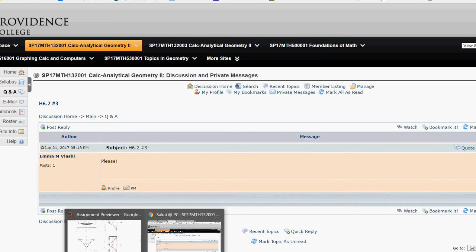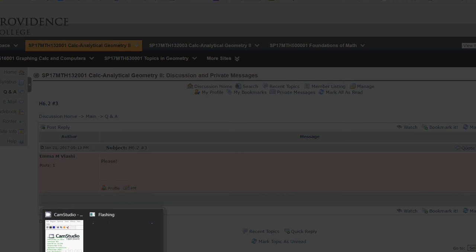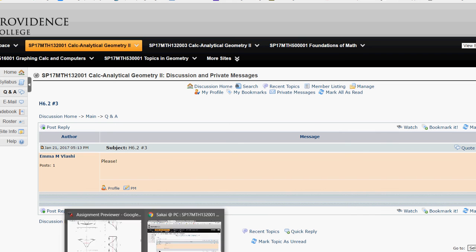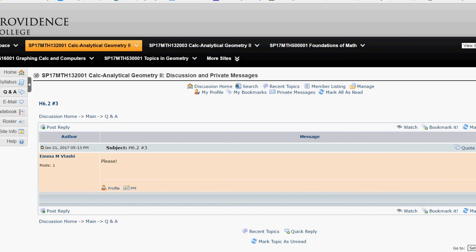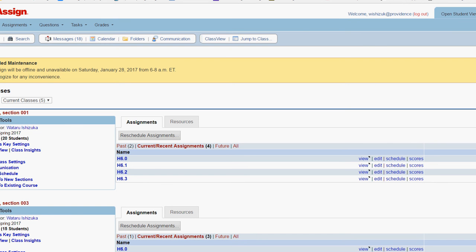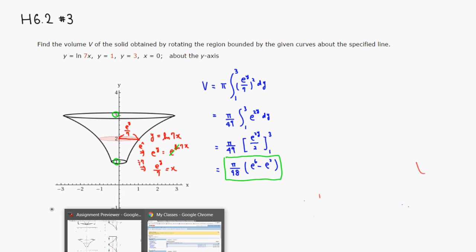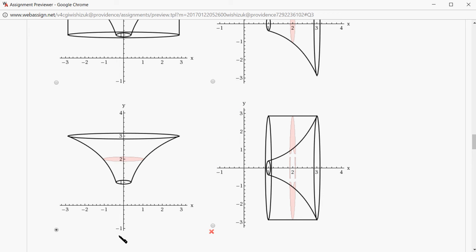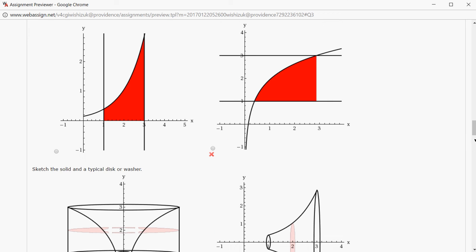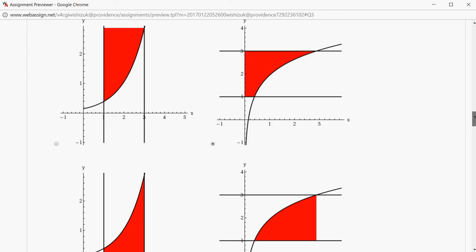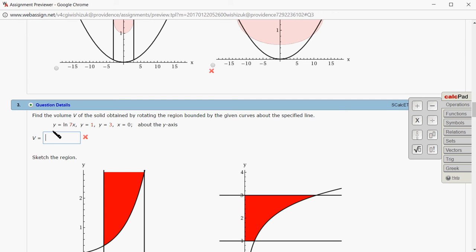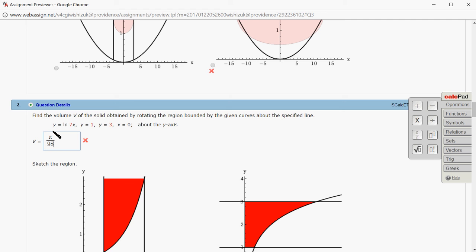Let's see if this is correct. The volume is pi over 98 times e to the 6th power minus e squared.